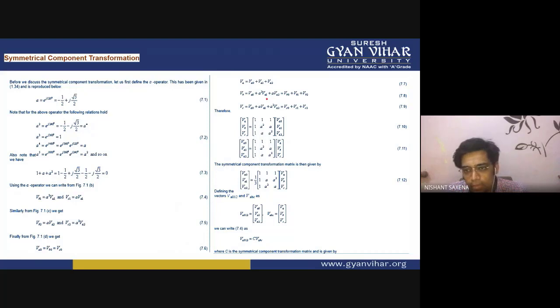When I substitute these values from these equations, I can rewrite these equations in terms of the symmetrical components of phase A only. Then I will be writing this as VB equal to VA0 plus alpha square VA1 plus alpha VA2. Similarly, I can rewrite this equation for phase C.